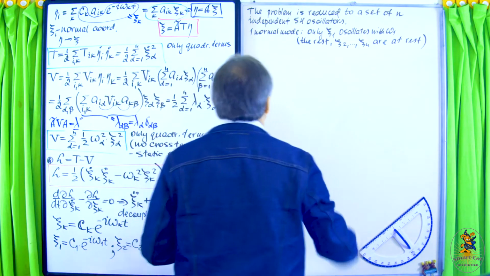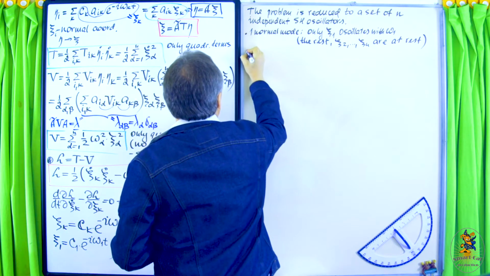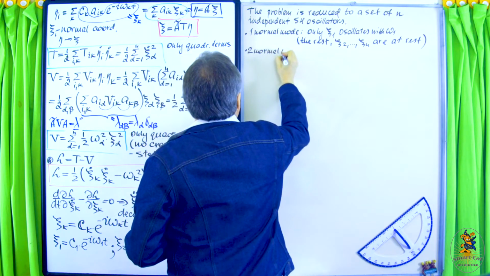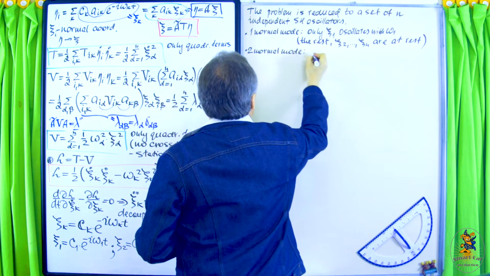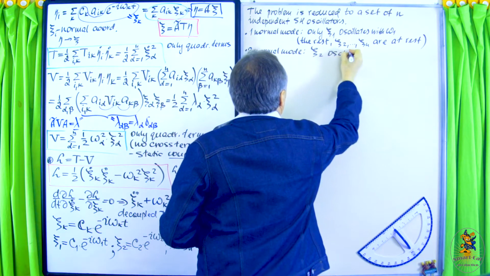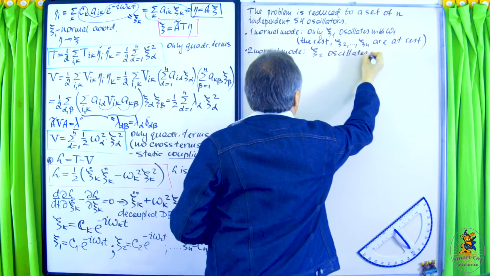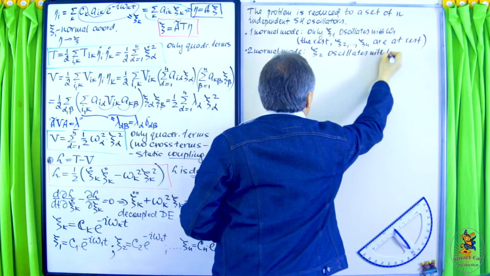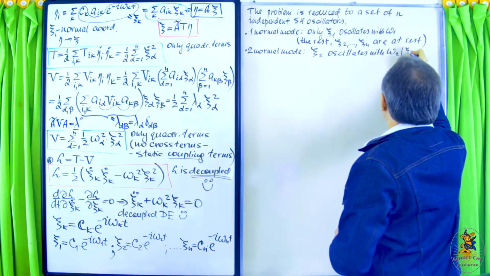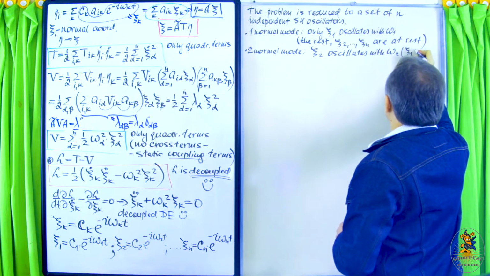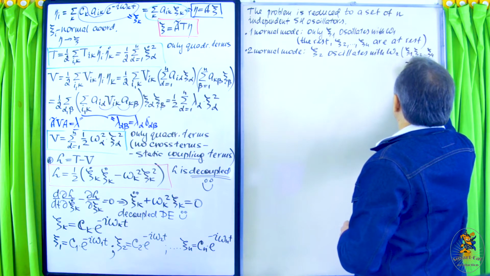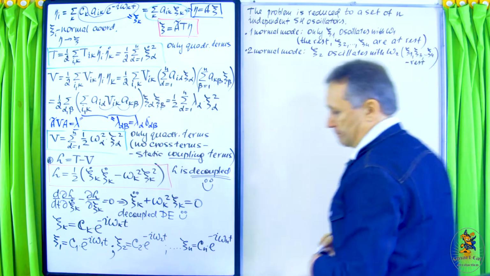Then similarly we can say about the second normal mode: psi 2 oscillates, of course, with omega 2, and psi 1, psi 3, and all the way to psi n are at rest.